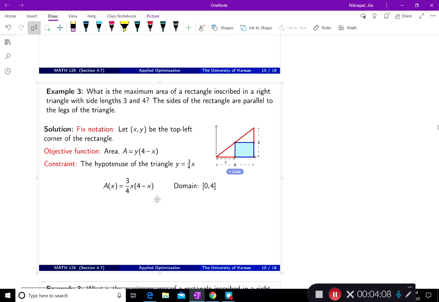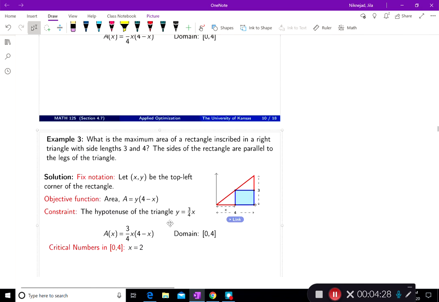As for the domain, x cannot be bigger than 4, which is this length, and cannot be smaller than 0, and therefore the domain is 0 to 4.